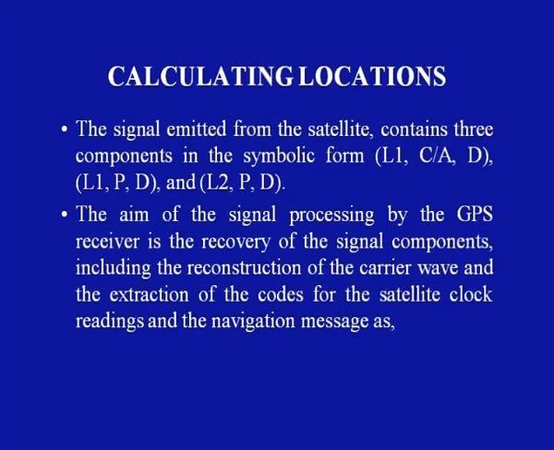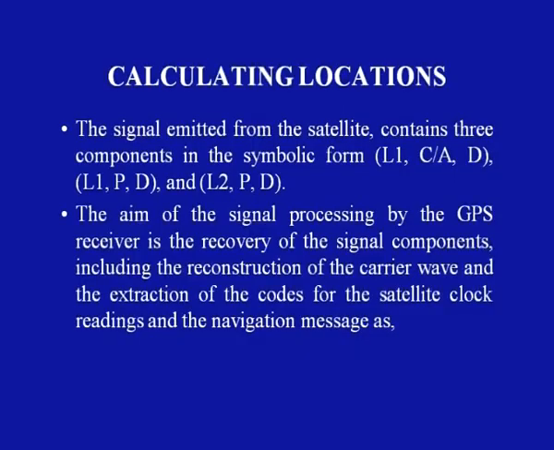Now, let us look at how we calculate the locations on the ground. The signal emitted from the satellite consists of three components in the symbolic form of L1, C/A and D; L1, P and D; and L2, P and D. Basically, these are nothing but the specifications of the carrier waves, the type of code it is carrying and the distance that it has.